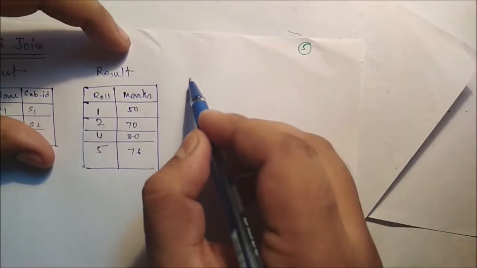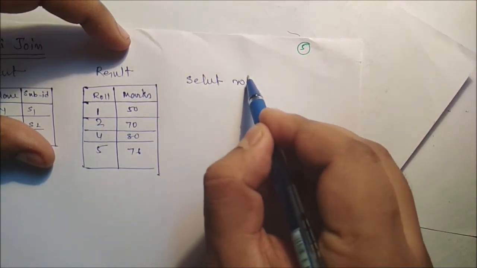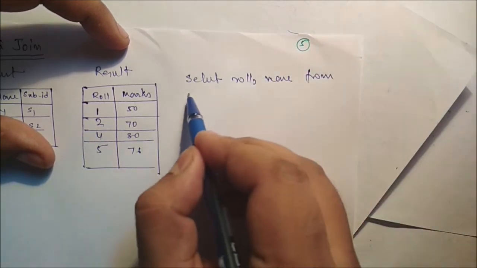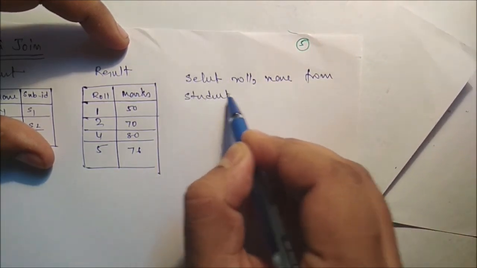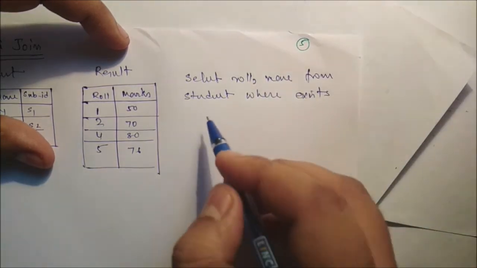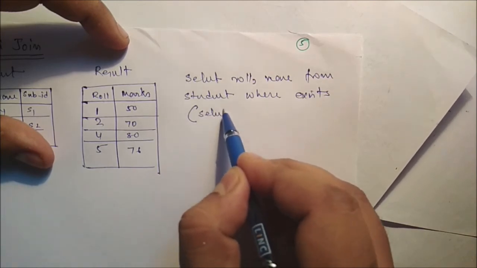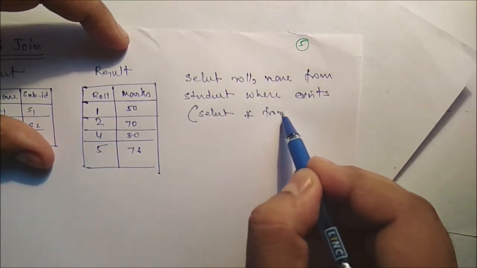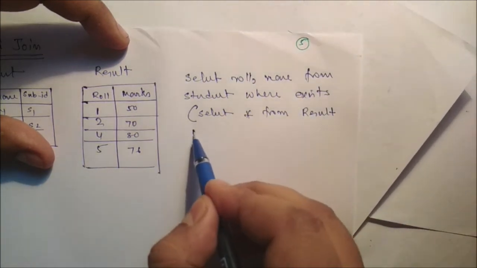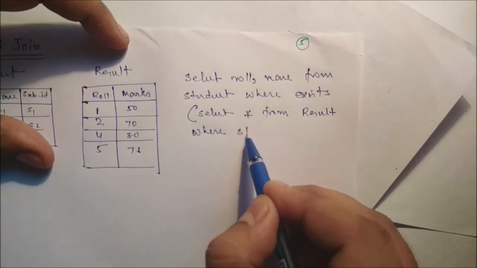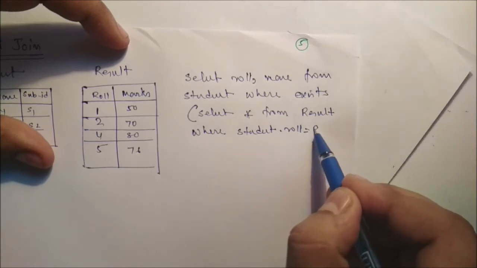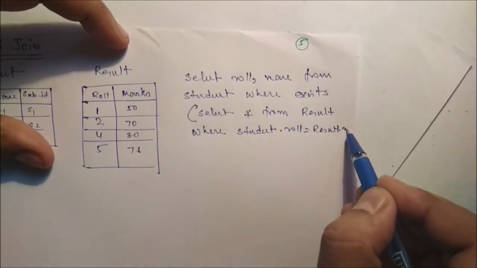So we can write it this way: select roll number, name from student where exists, select asterisk from result where student roll number is equal to result roll number.